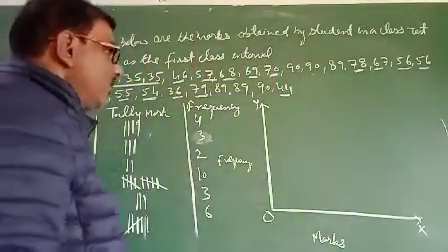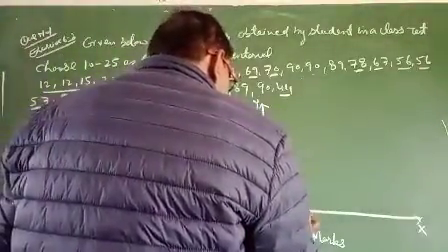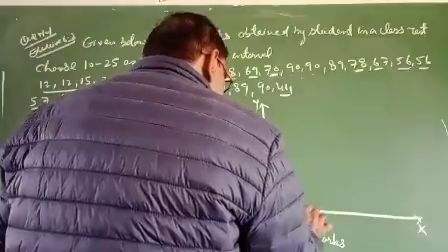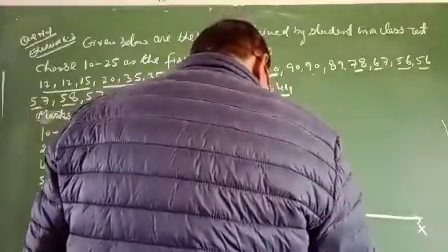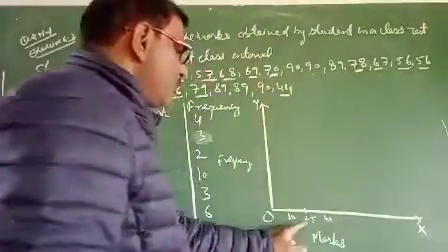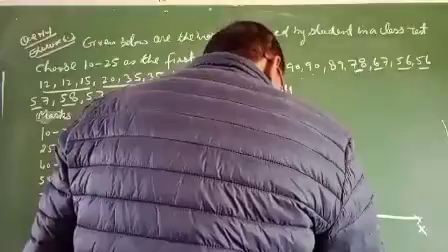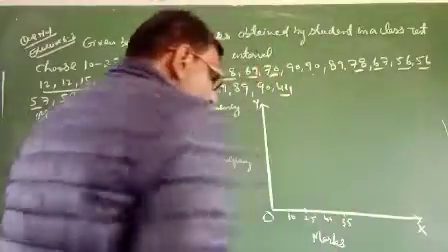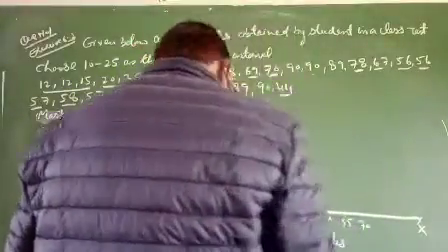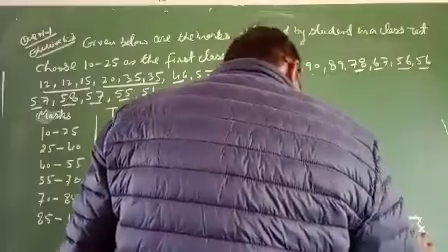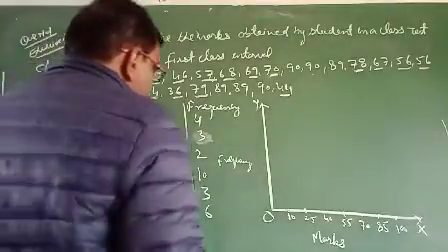First of all, I will draw 10 to 25. So we take here 10, 25, 40. This distance will be the same. 10, 25, 40, 55. This distance will be equal. 55, 70, 85, and 100.